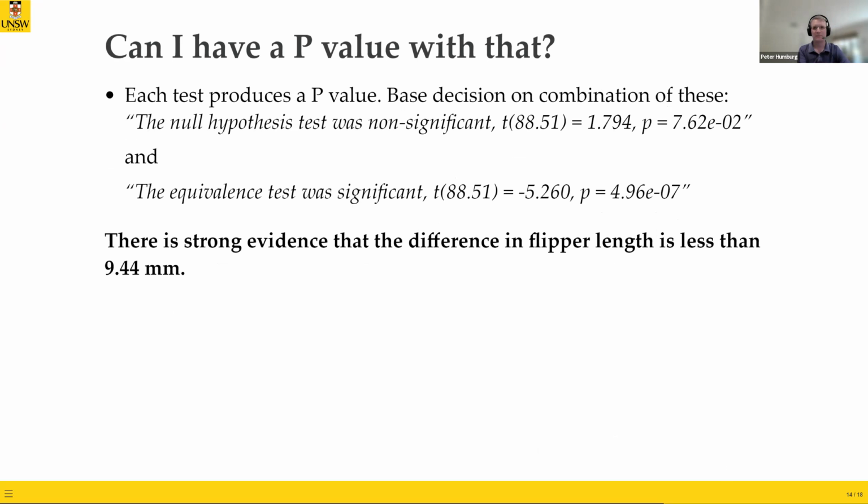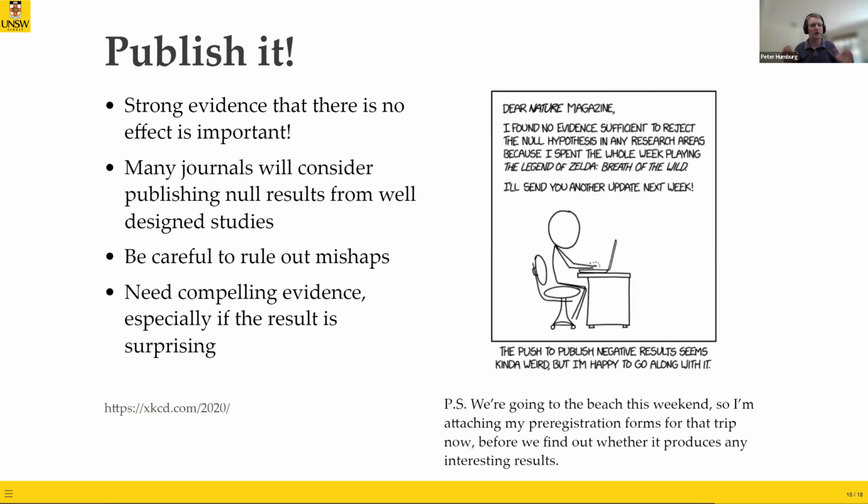And that's a pretty good result, actually, right? Because now you are not just saying, well, I didn't really find a difference, but there may or may not be one, and I don't know. You can actually say, I'm quite sure that there is no difference. So now you can go and publish it. Great.